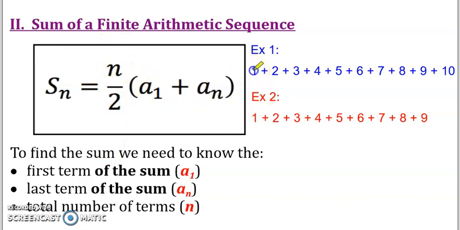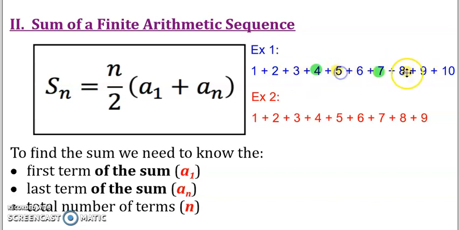So if I were to add the first and the last term, I get 11, right? 1 plus 10, that's 11. And then as I work my way in, 2 and 9, boom, that's 11. 3 and 8, 7 and 4.